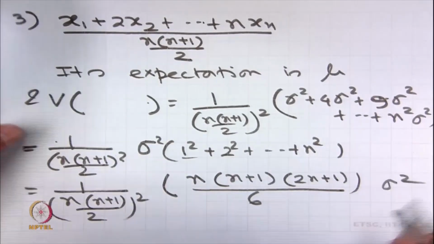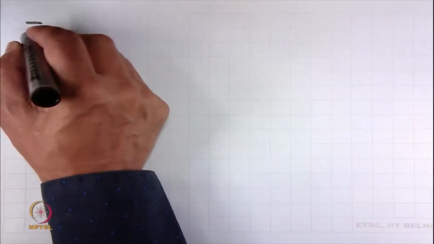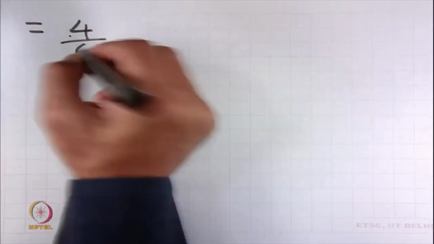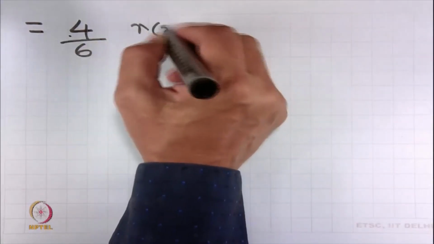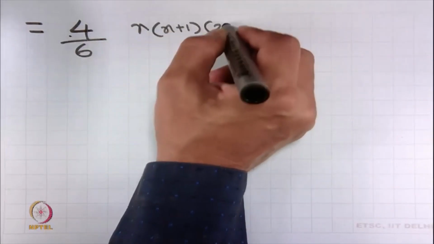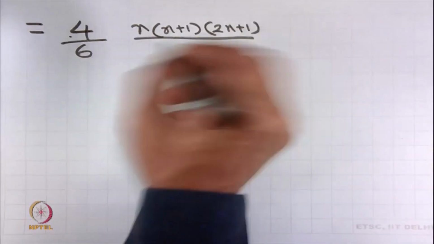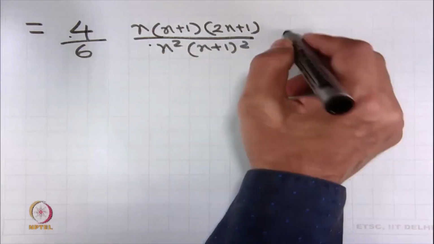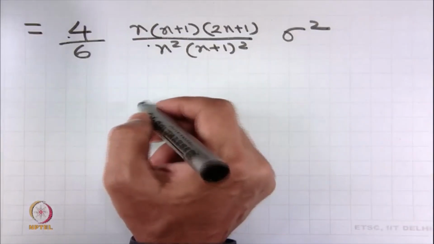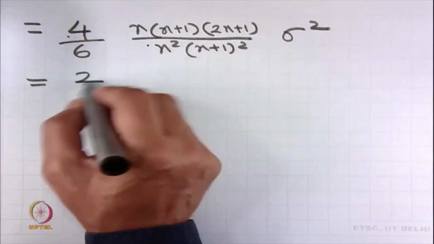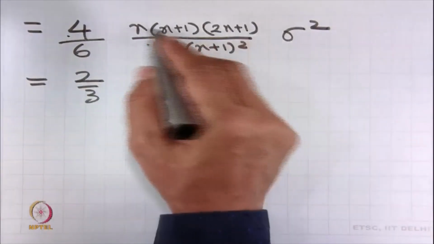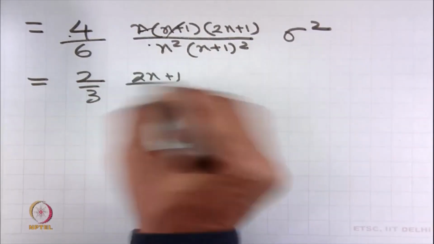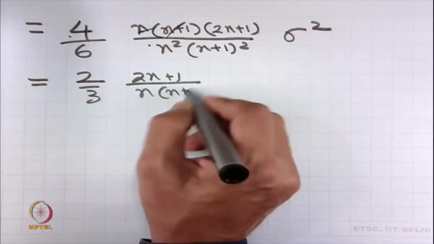multiplied by sigma square, which is equal to 4 by 6 n into n plus 1 into 2n plus 1 divided by n square into n plus 1 square sigma square, which is equal to 2 by 3 into, one of them cancels, 2n plus 1 upon n into n plus 1.